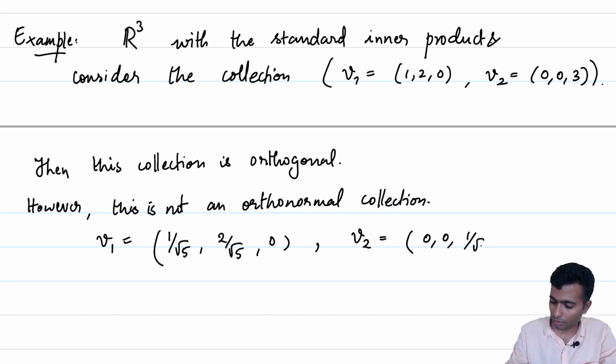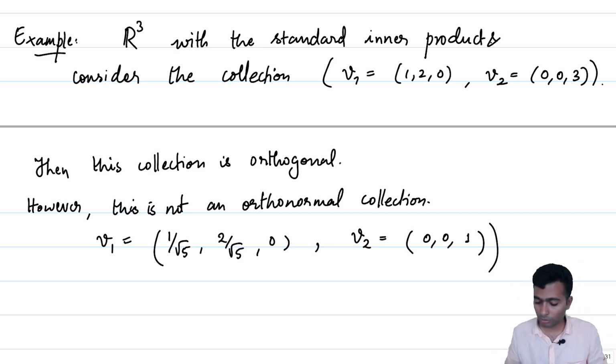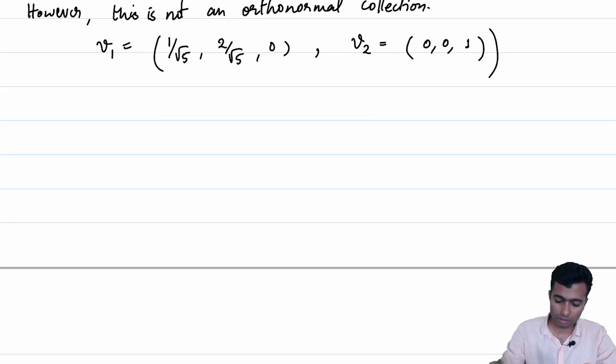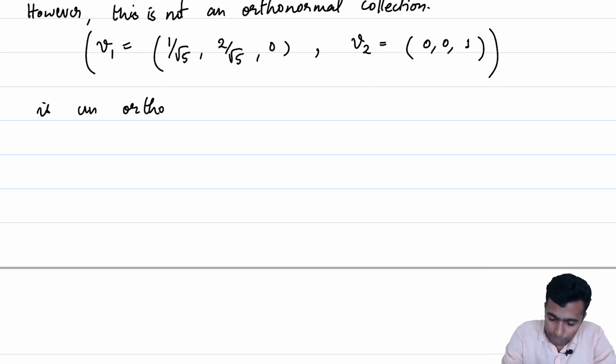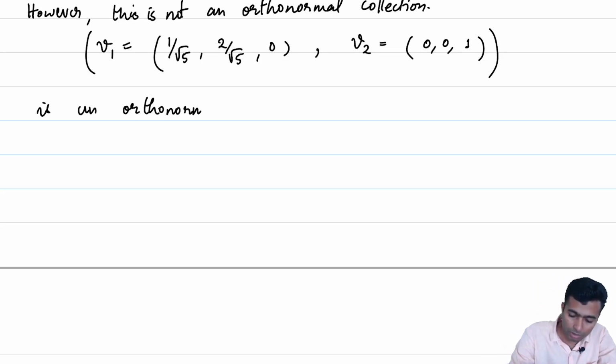This is an orthonormal collection. If you look at the length of v1, that's just going to be the square root of 1 by 5 plus 4 by 5 plus 0, which is square root of 1, which is 1. So this is an orthonormal collection of vectors.